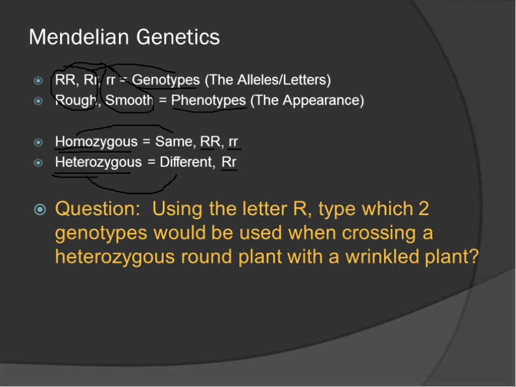Oh, question for you guys. Using the letter R, type in the chat box which two genotypes would be used when crossing a heterozygous round versus a wrinkled plant. What do you think it would be? Heterozygous round versus wrinkled.